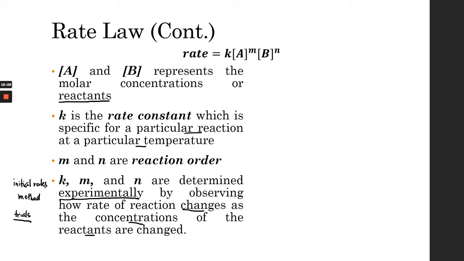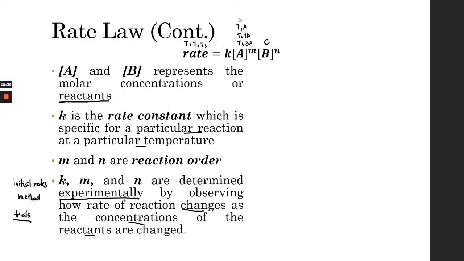What you're going to do is keep one of your reactants constant. So in this case, B, I don't want to change the concentration of B. Then for trial 1, trial 2, trial 3, I keep changing the value of A. So maybe I have A, then double the concentration, and then triple the concentration without changing B. And then we can solve for the rate at trial 1, trial 2, and trial 3.